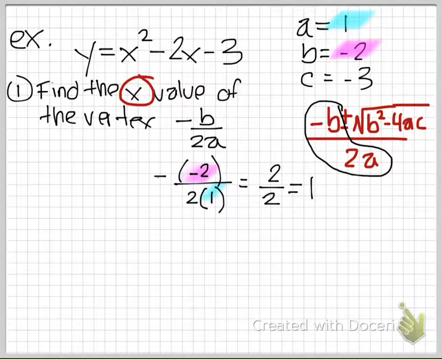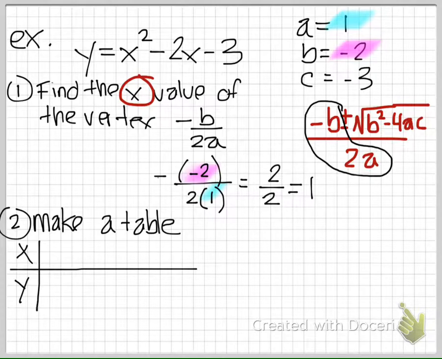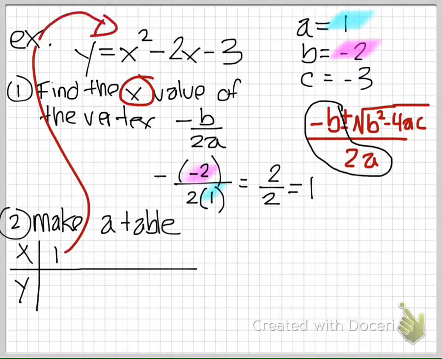This is how we're going to find the y value. So to find the y value, you'll need to make a table of values. So you've got your x, you got your y. Okay? And what I typically do is I have my students start off with my vertex. So x is 1. So you're going to take that 1 and you're going to plug it back into the original equation to find out what the y value is.